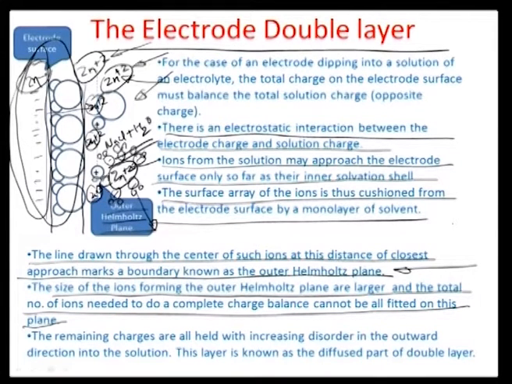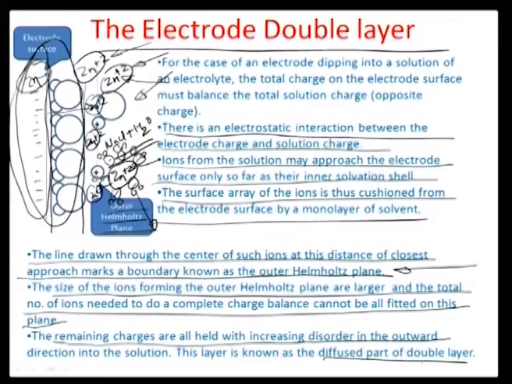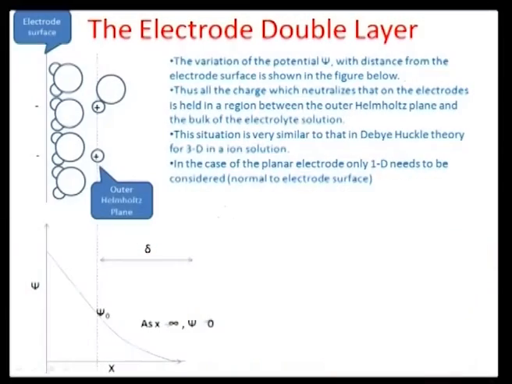The remaining charges are all held, with increasing disorder, in the outward direction into the solution, and this is known as the diffuse layer of charges. So, that is why it is a double layer: one layer which is the Helmholtz layer and another which is the diffuse layer of the charges. That is how, in a nutshell, the whole electrode is oriented with reference to the solution.